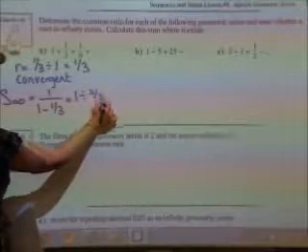Convergent. So if it's a convergent series, I can find the sum. So S, if it makes it easier, you can put S of infinity, or you can just leave it as S, equals A, which was 1, divided by 1 minus R. So I get 1 divided by 2/3.